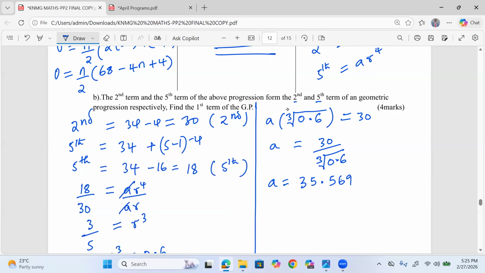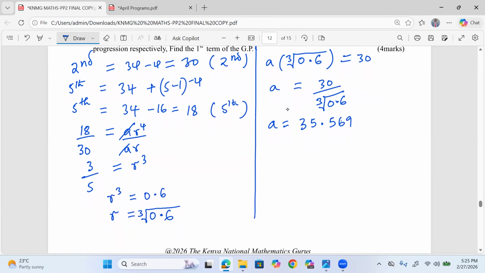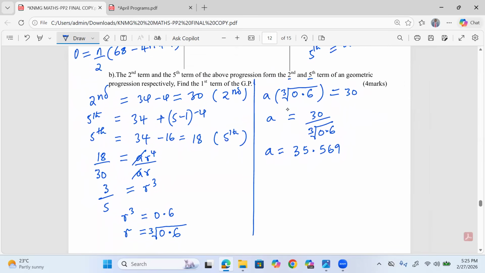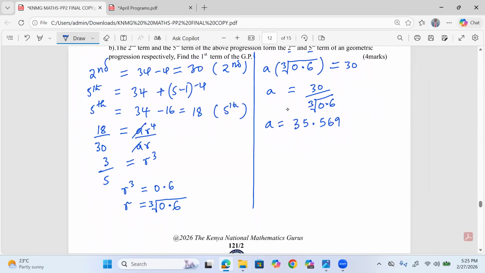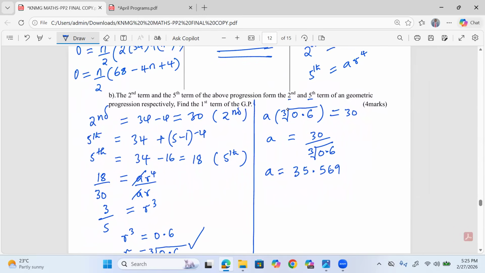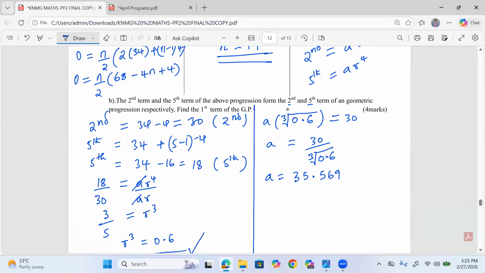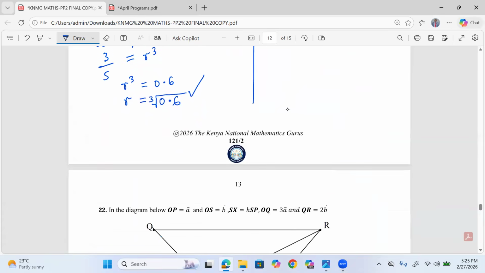That is the first term. So that is how the question is supposed to be done. It's a very good question. First term times R should give us 30.